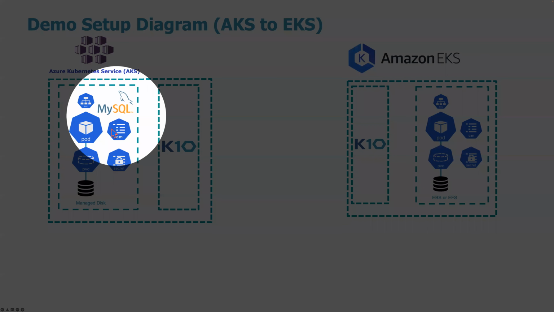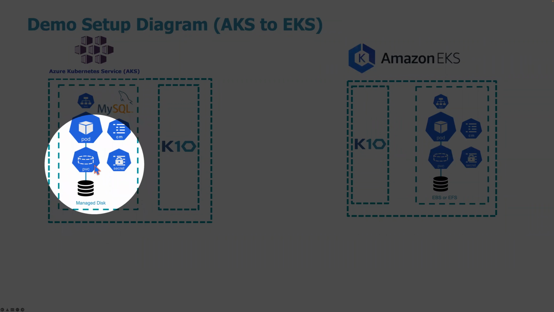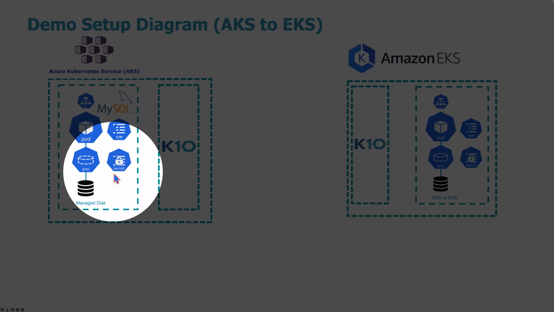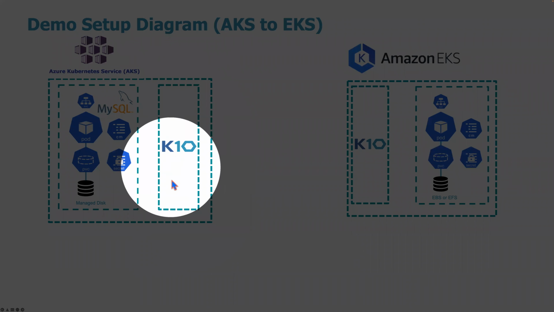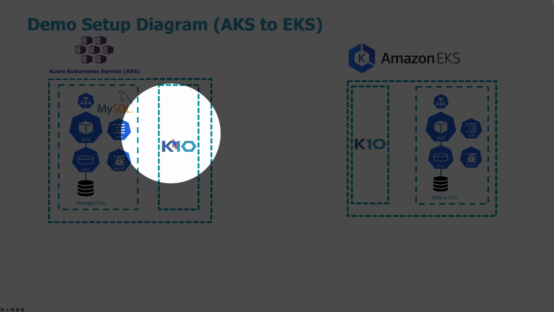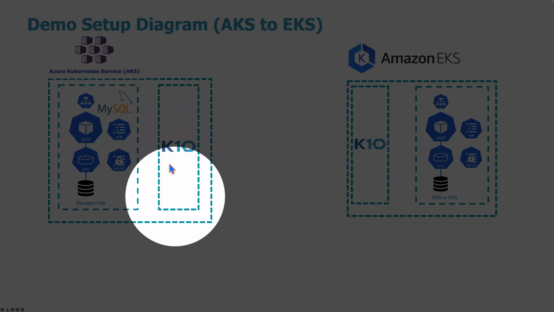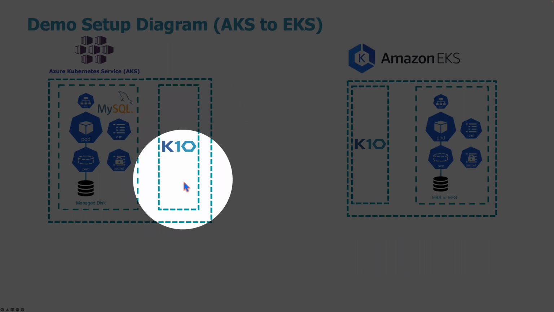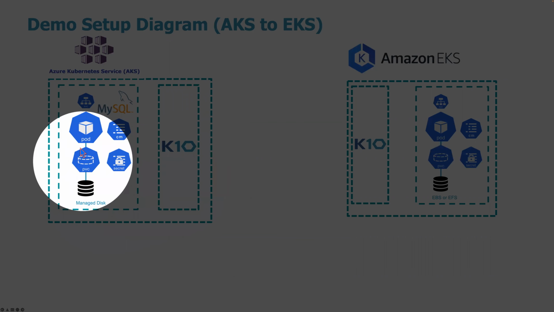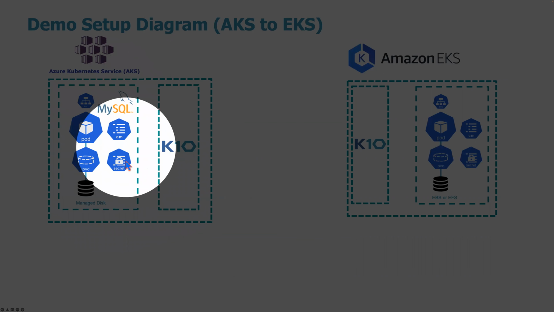I have MySQL running. I got managed disks. This is running from Azure Cloud. I also have all different Kubernetes configuration objects to support MySQL applications. Kasten K10 was running in a separate namespace. Typically, we call it kasten-io. The moment Kasten K10 is deployed to the cluster, we will automatically discover all of these resources.